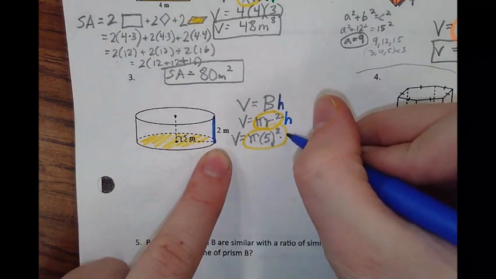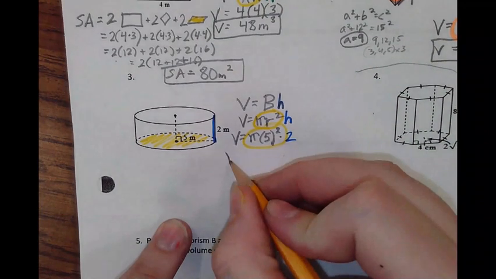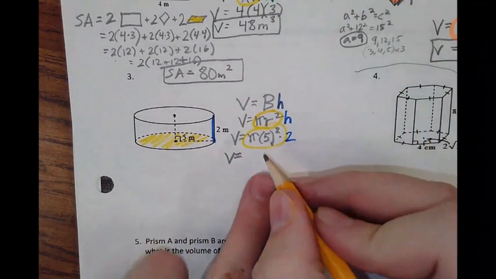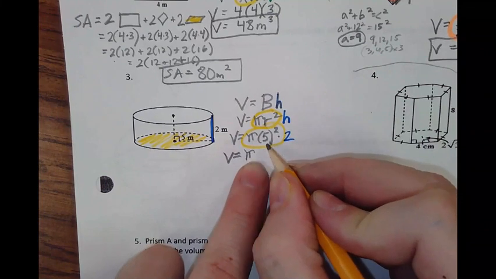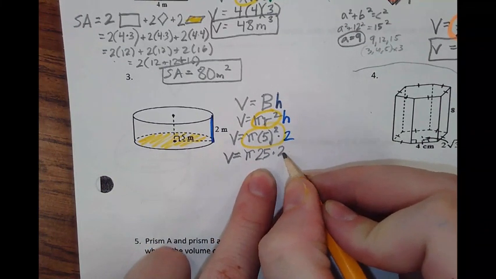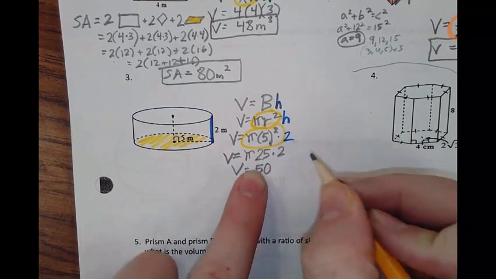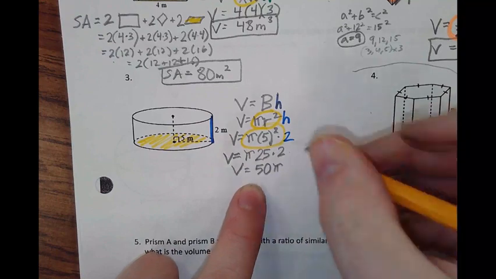The height is 2. So multiplying all this together, I'm going to write my answer as an exact answer. Check this out. Pi times 5 squared. 5 squared is 25. 25 times 2 is going to be 50. 50 pi. This is called my exact answer.